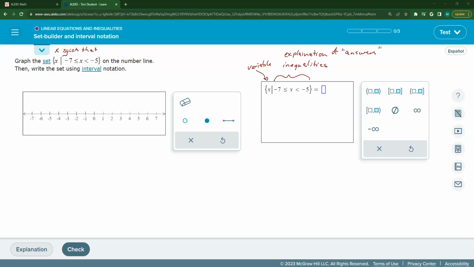So this little bar just means such that. So math likes to use a lot of symbols to shorten things. When we're talking interval notation, that is going to be using brackets and parentheses.